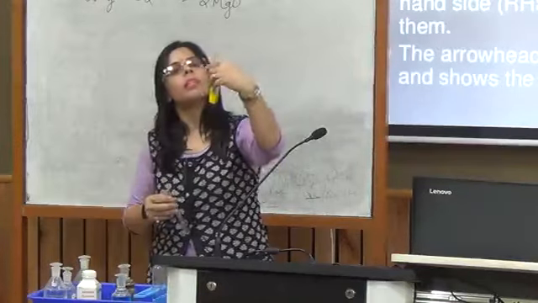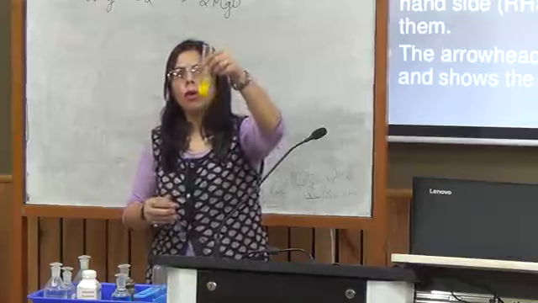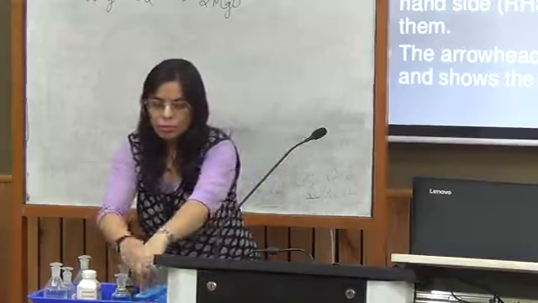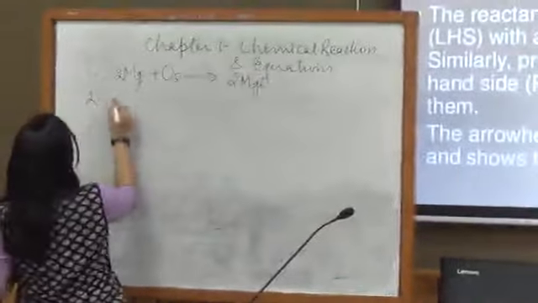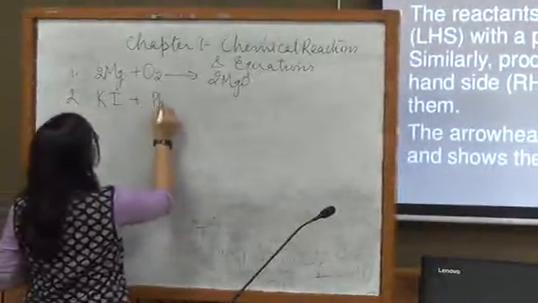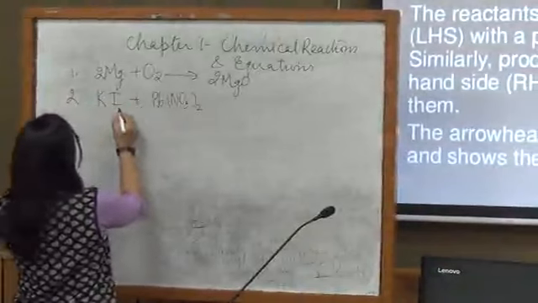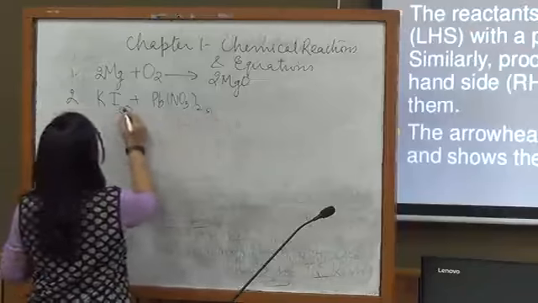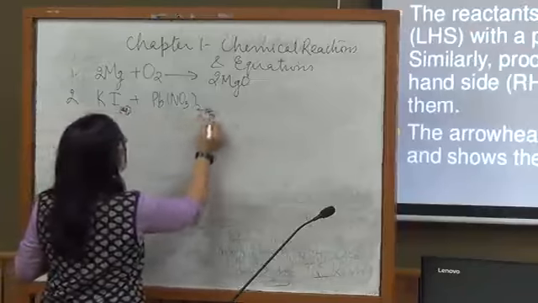Oh, there's an immediate, instantaneous reaction, and there's a yellow precipitate. Let us look at the equation to see what happens in the reaction. The reactants are potassium iodide and lead nitrate. Here this is in the solution form and this is also in the solution form, and solutions are indicated by aq, aqueous solutions.